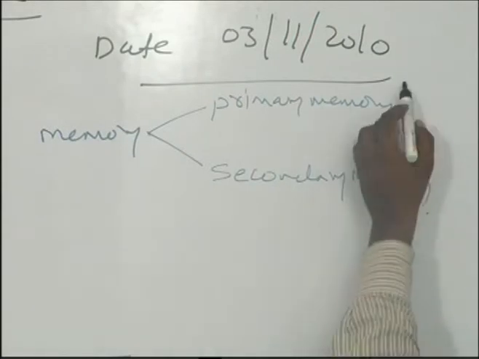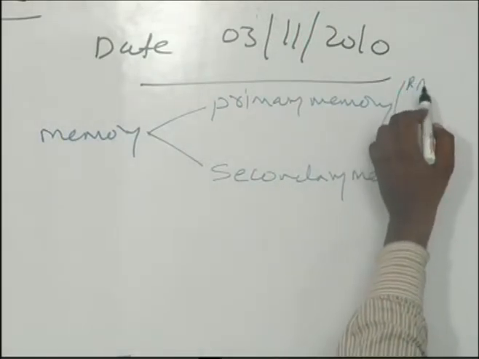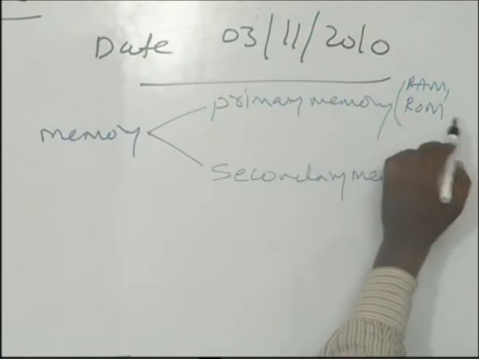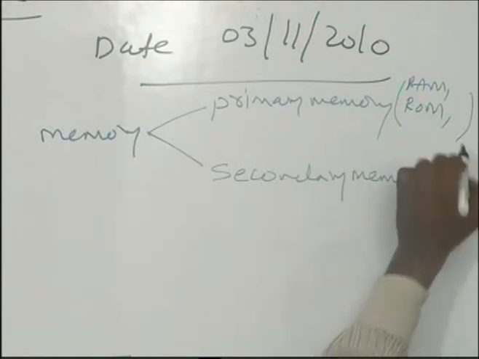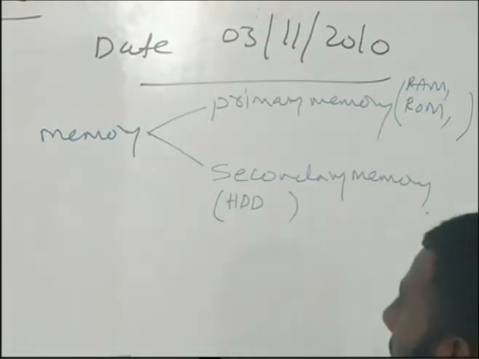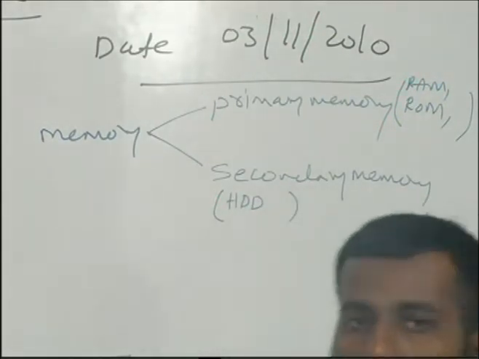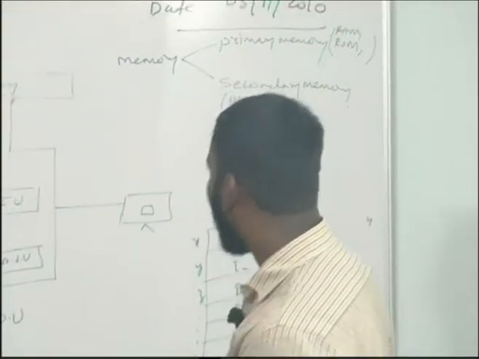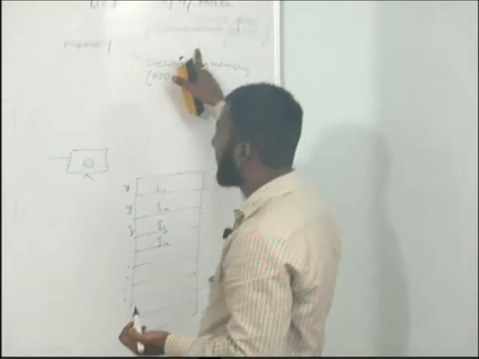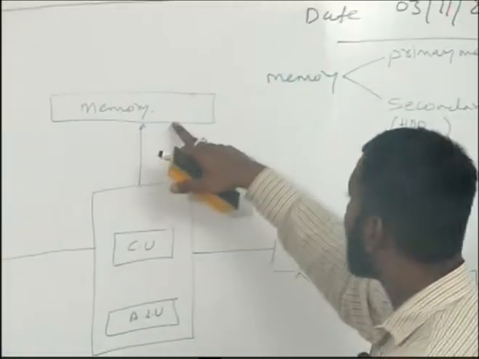Examples of primary memory are RAM, random access memory, and read-only memory. Secondary memory is nothing but hard disks. Tertiary memories can be tape.